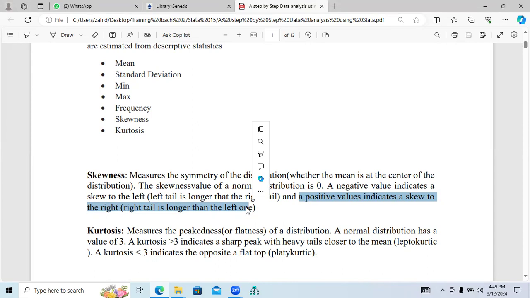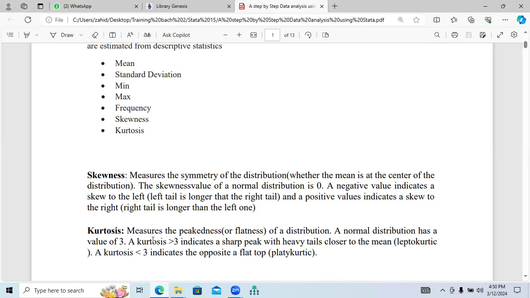Then we have also discussed kurtosis, which is a measure of peakedness or flatness of a distribution. A normal distribution has a value of 3. So if your kurtosis value is greater than 3, it indicates a sharp peak with heavy tails or closer to the mean. But if your kurtosis is less than 3, it indicates the opposite, a flat top.